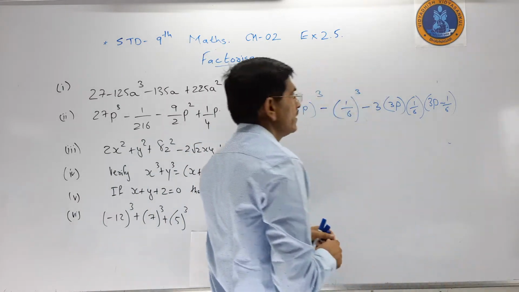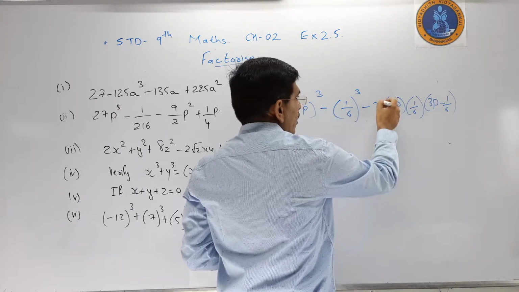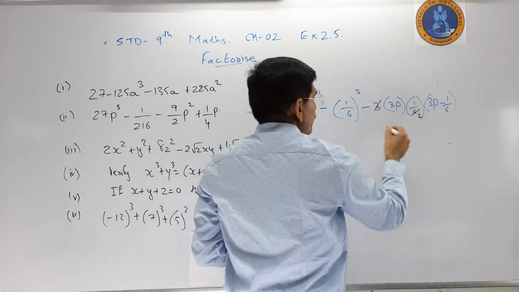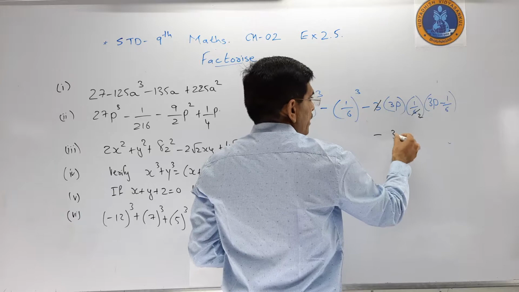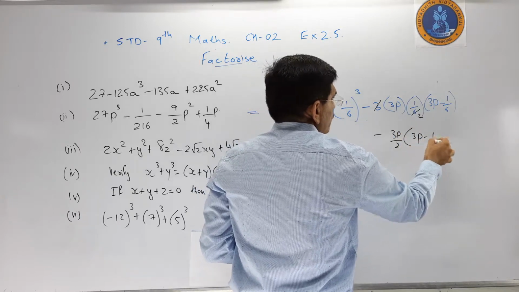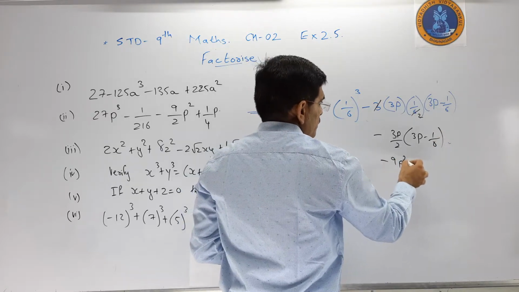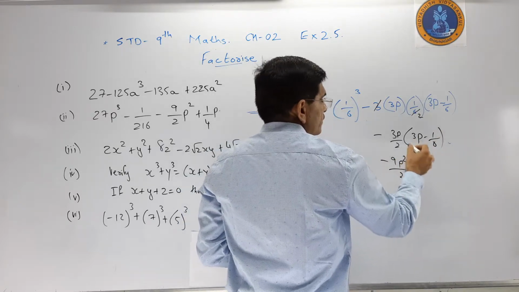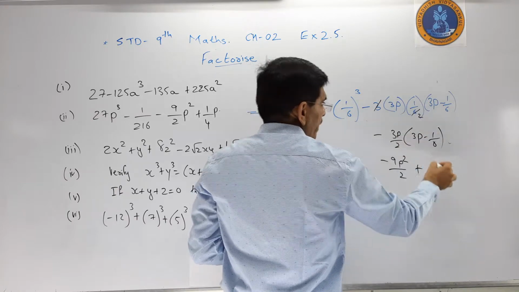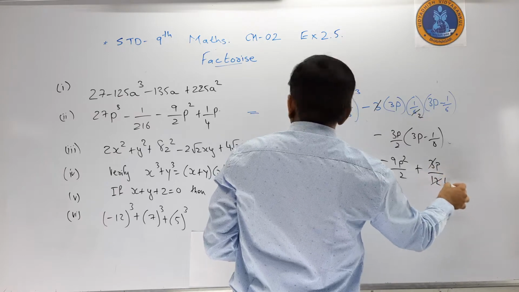Let me see whether we are correct or not. 3 3s are 9, or we can say 3 by 2. So minus 3p by 2 and 3p minus 1 by 6. If I open it, then minus 9p square by 2 plus 3p upon 12, so p by 4.